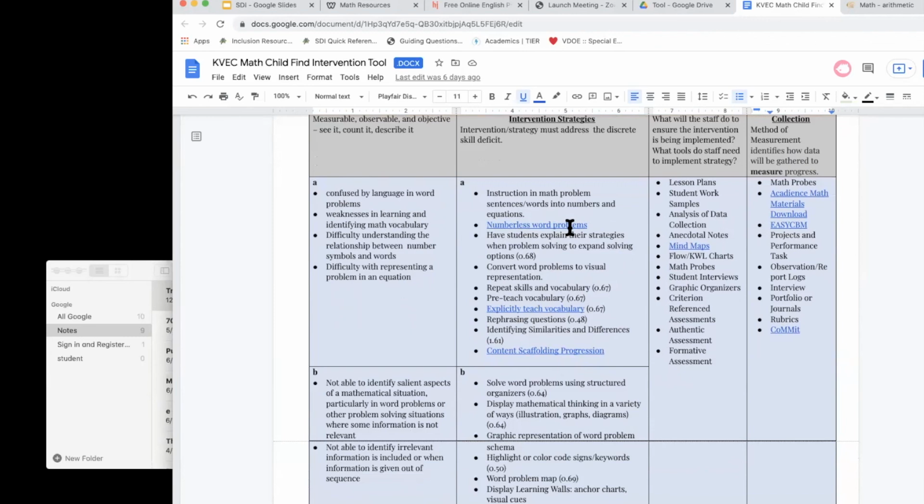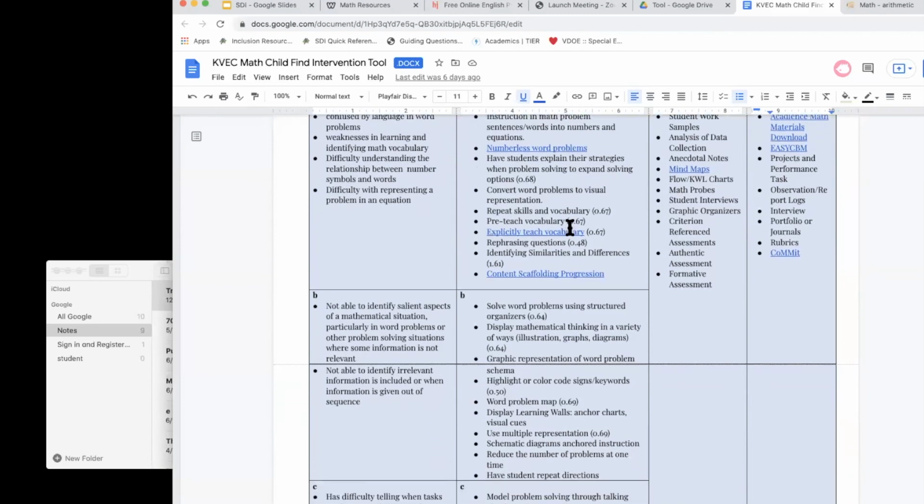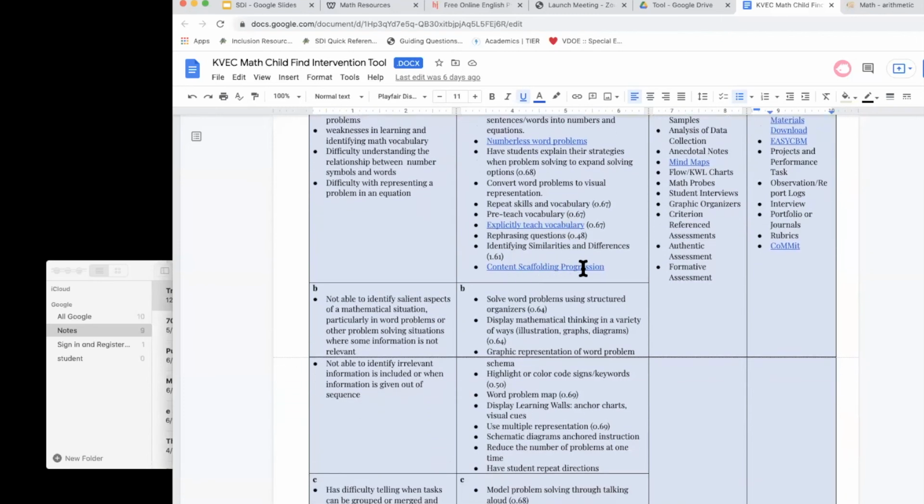Numberless word problems. If you've never used numberless word problems and you have any questions, please contact me. I love these things. They really help our students to understand the process, just like CSP did, so do numberless word problems.